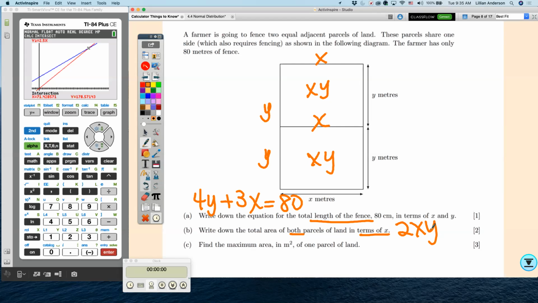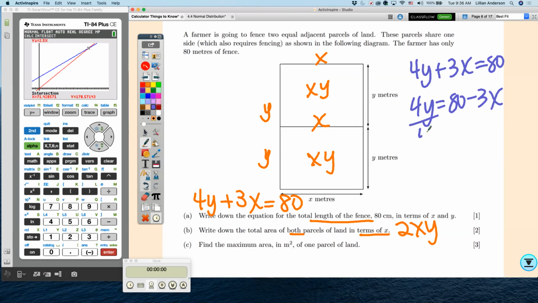How do I do that online? How can I get y? We can solve for y in the first equation from A. How would I do that? Subtract 3x from both sides, and then divide that by 4.